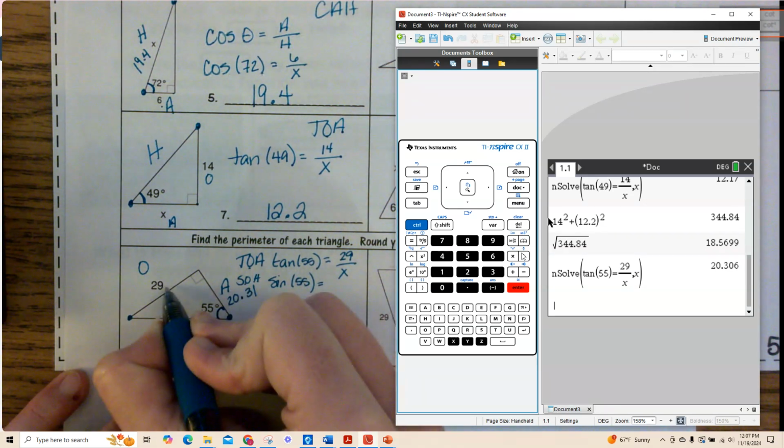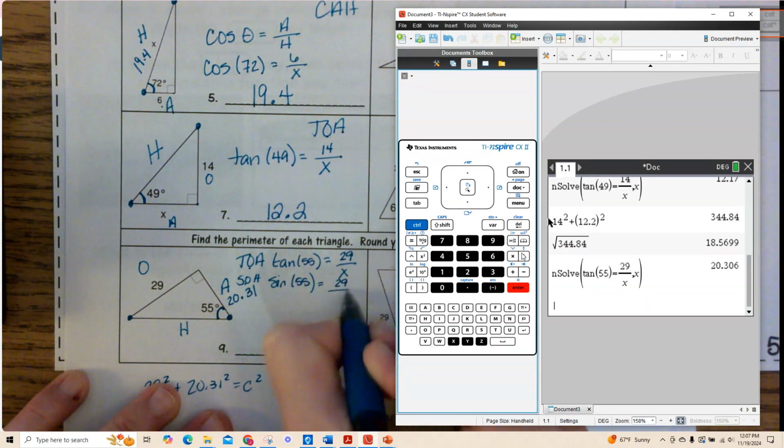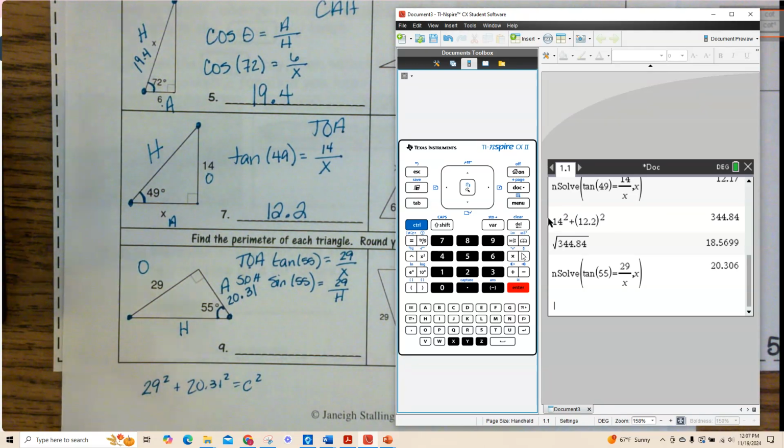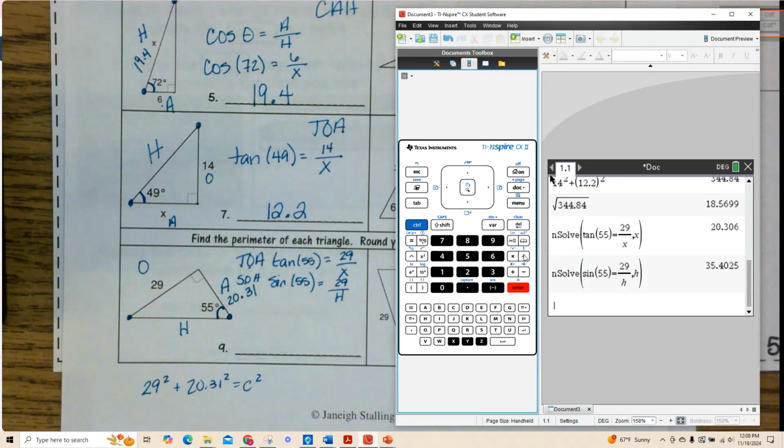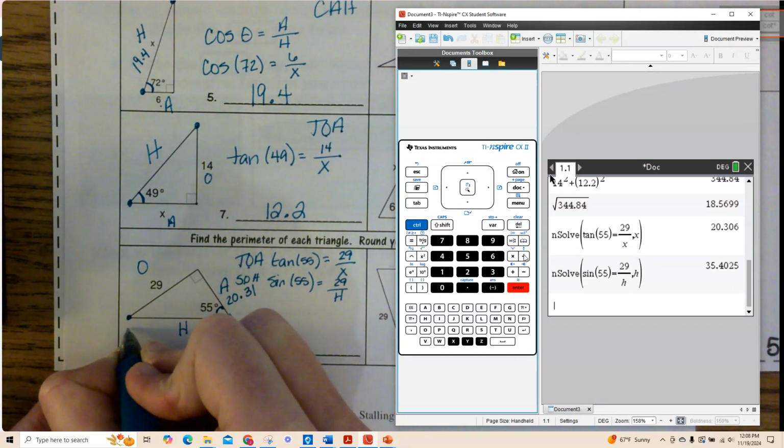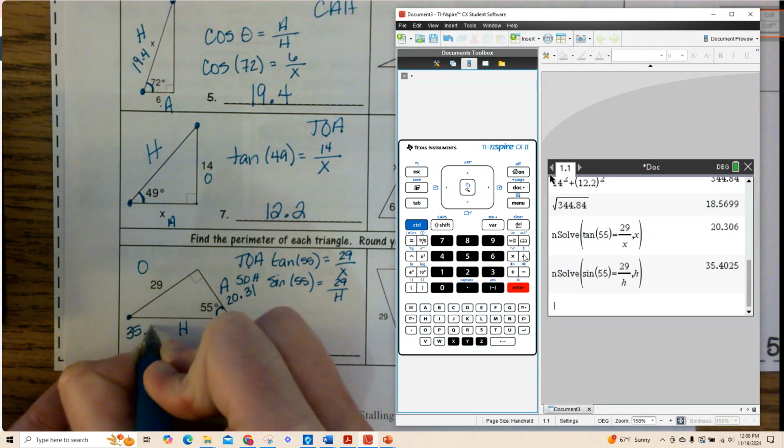And it's opposite, which is 29. And then over the hypotenuse, I'm just going to use an H for the hypotenuse. It doesn't matter what letter you use as long as you've got it straight in your head. So menu 3-1, sine of 55 equals 29. And I can put an H there. Calculator don't care. As long as whatever letter I use, comma H, comma whatever letter at the end. And so this hypotenuse is 35.40.